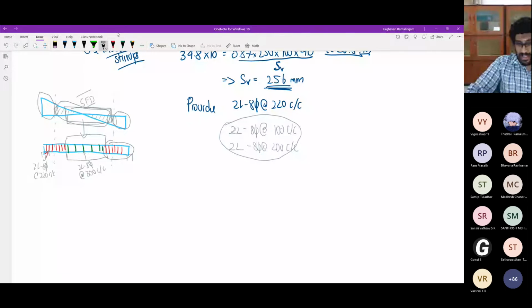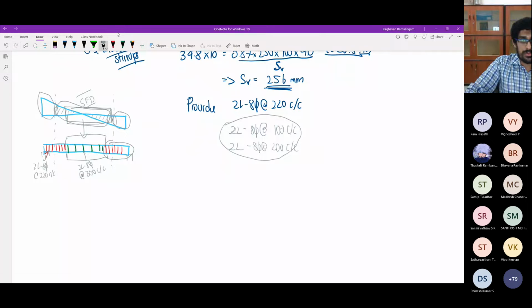Finally, one thing that I don't need to solve, but I can just show you, which is my SP16. Are you able to see this PDF, SP16?